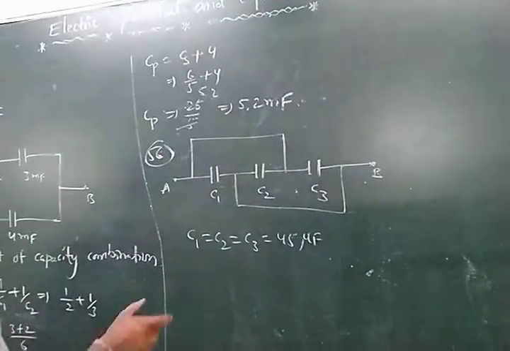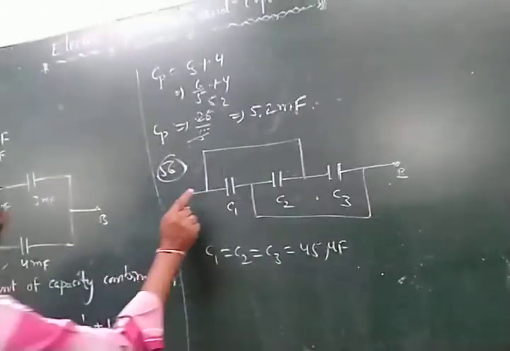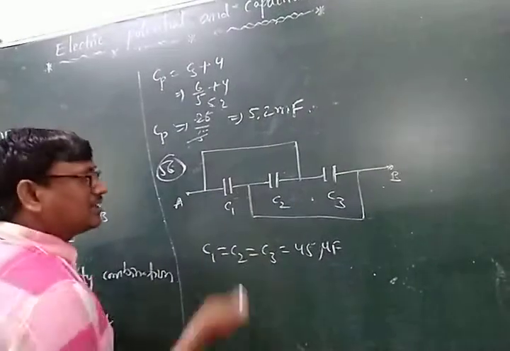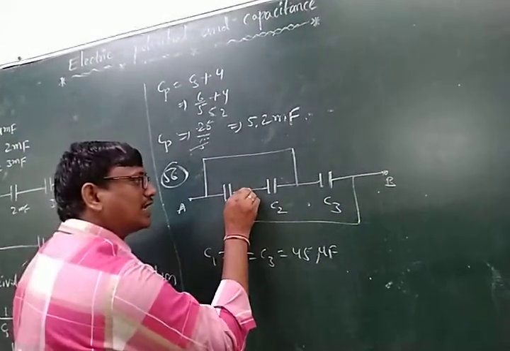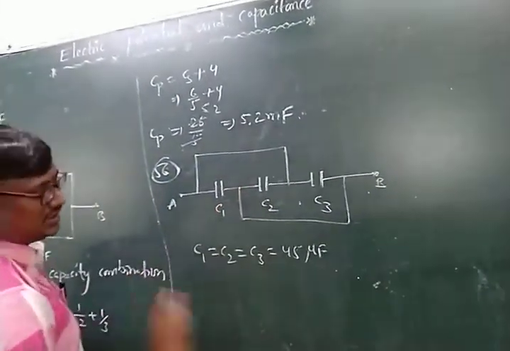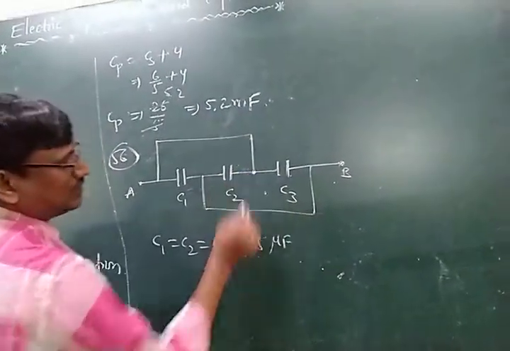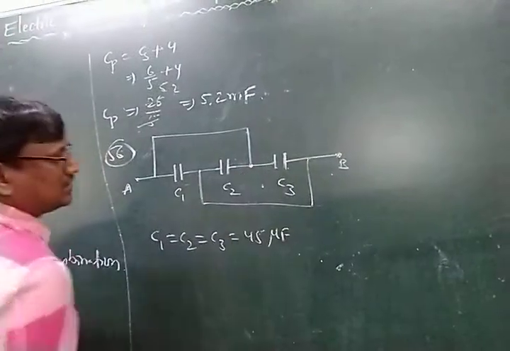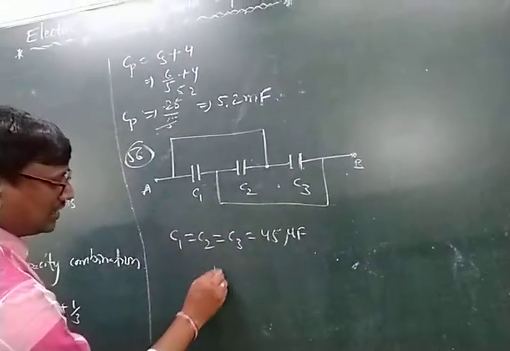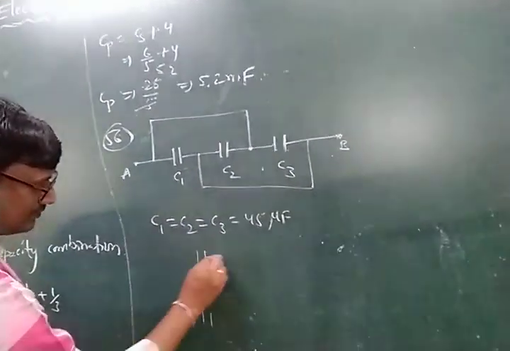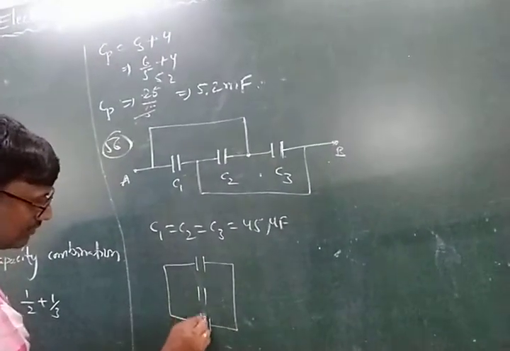The equivalent capacitance. Now here the capacitors we can observe. The first capacitor, second capacitor, between them another wire is connected. That means it is not a series combination. And second and third we can observe, again between them is connected by another connection. Again it is not a series. That means the 3 are there in parallel. This is the parallel combination.